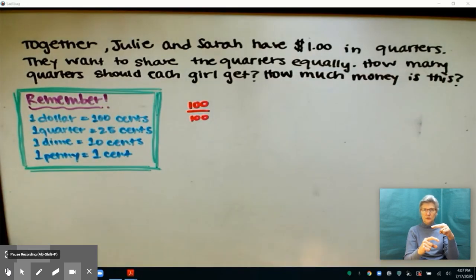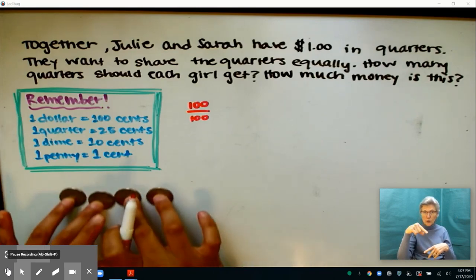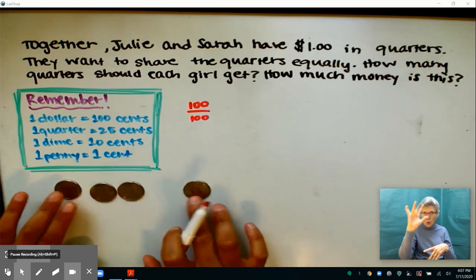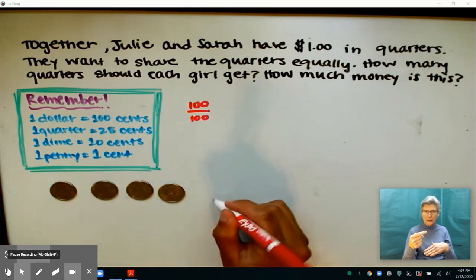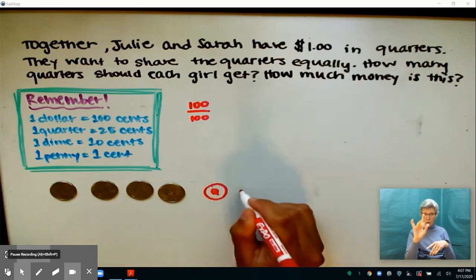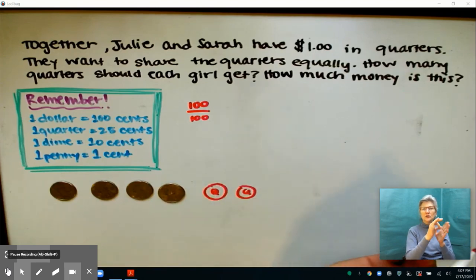So let's use a model to help us think about this problem and relate our fractions and decimals. We know that 4 quarters is equivalent to $1. So I have 4 quarters here. If you didn't have quarters, you could also just draw a circle and put a Q in it to label it as a quarter.